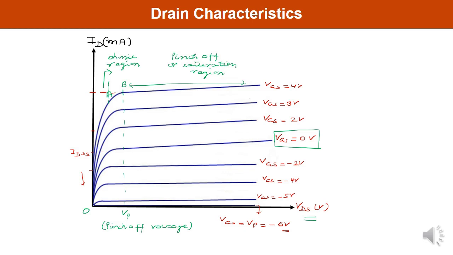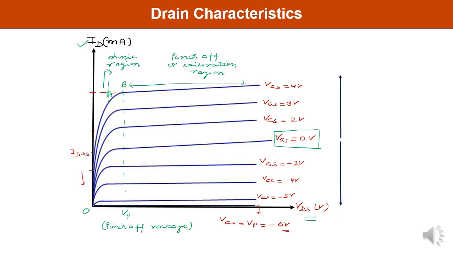ID is almost constant, meaning drain current remains constant at its maximum value, which is IDSS, and the drain current in the pinch off region depends upon the gate to source voltage. So I hope now this particular point is clear to you, and you can draw the drain characteristic, which is plotted between drain current and VDS by keeping a fixed value of VGS, which is the input voltage. That is why MOSFET is known as a voltage controlled device.